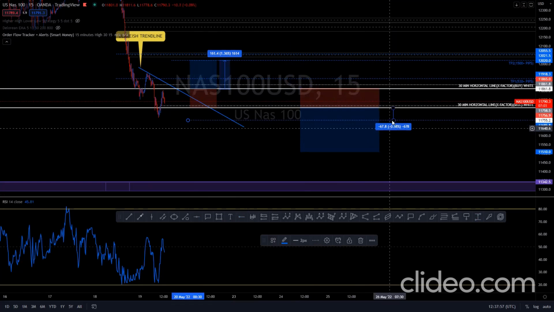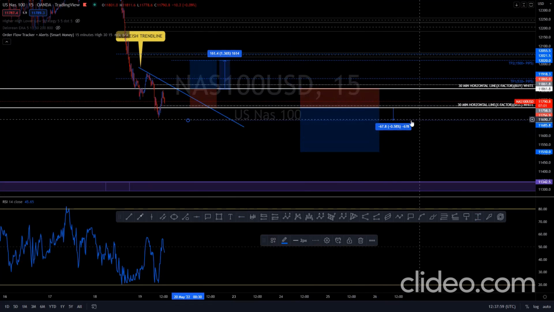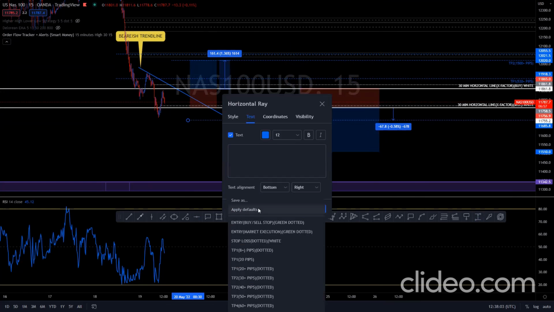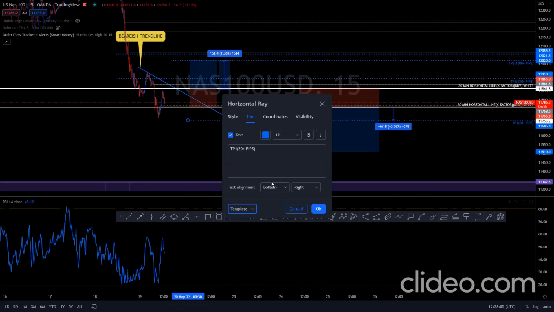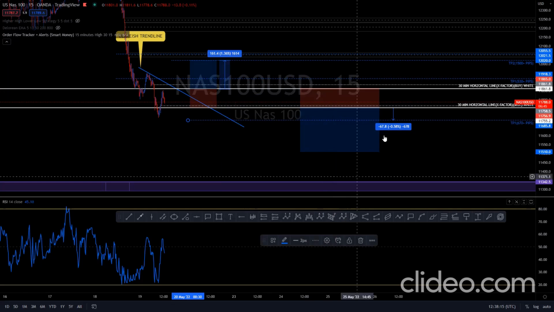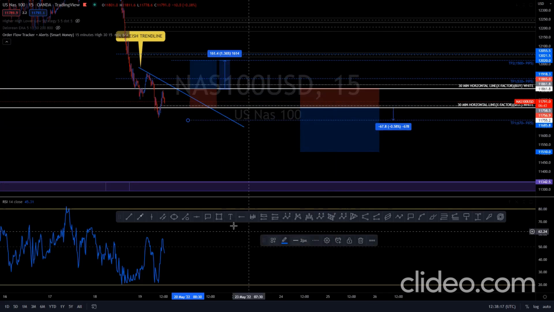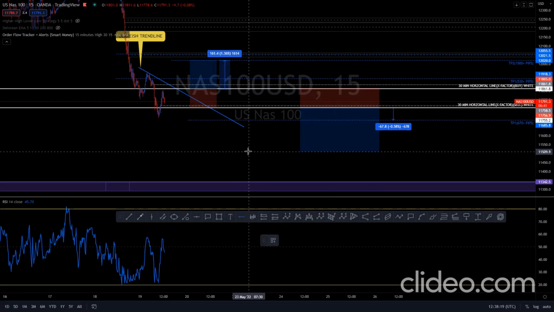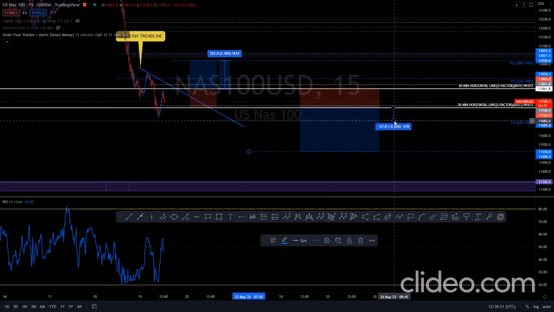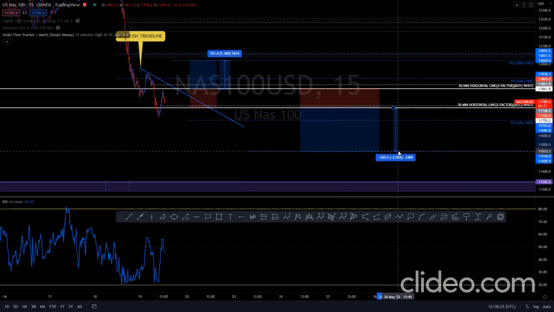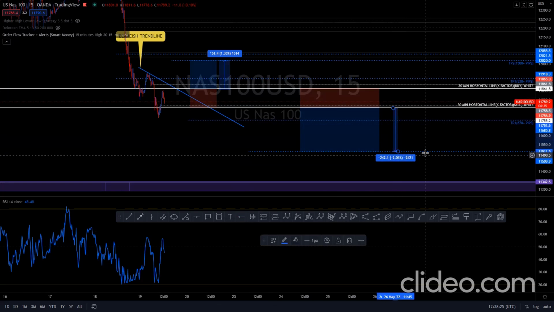All right. Then for TP, there's going to be TP1, which is 670 plus pips. Down here is going to be TP2, which would be over 2,400 plus pips.